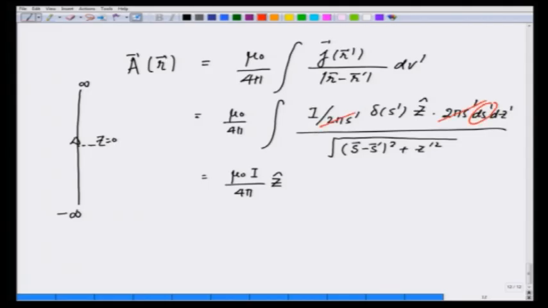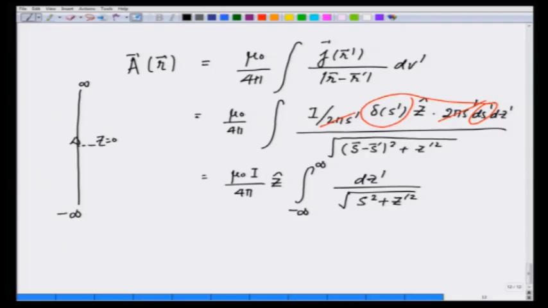This delta s prime with delta s prime here gives me s prime equal to 0. So, I am left with integral minus infinity to infinity dz prime over the square root of s square plus z prime square.